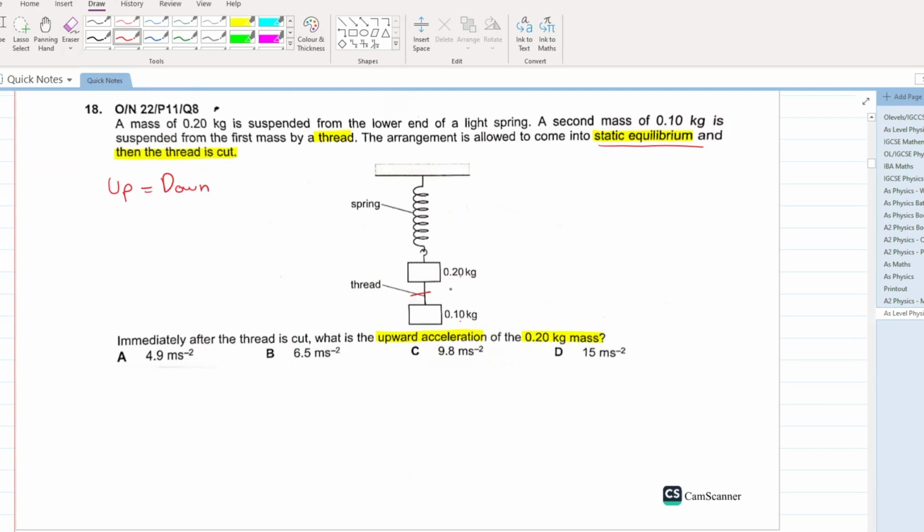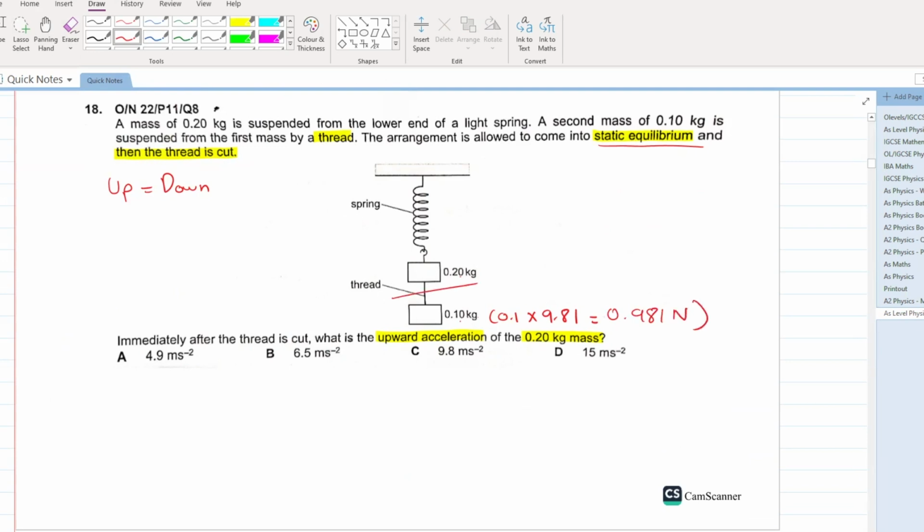If we cut this thread, what will happen? This force, the weight of this block, 0.1 into 9.81, comes out to be 0.981 Newton force.